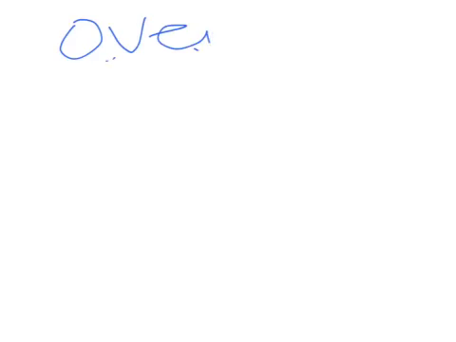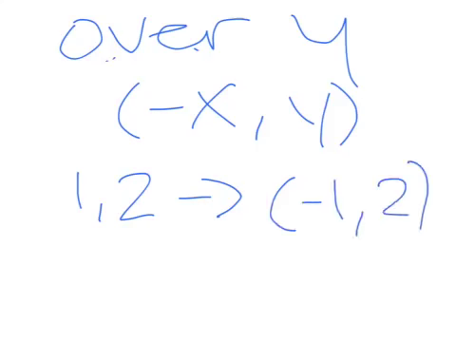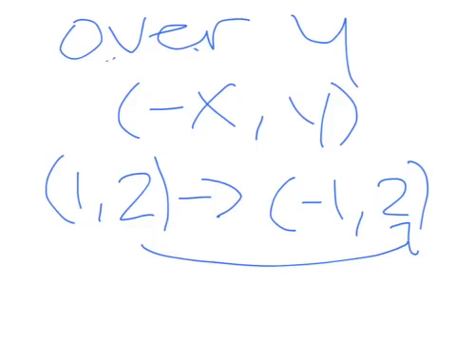So over the y-axis, it would be negative x, y. Your coordinate 1, 2 would turn out to be negative 1, 2, changing the x and leaving the y the same.